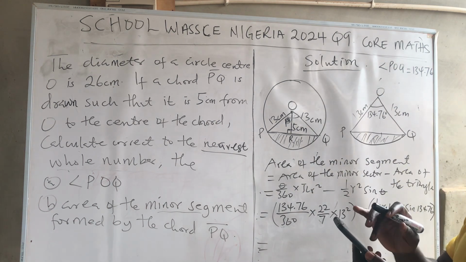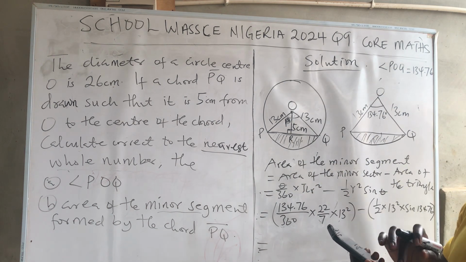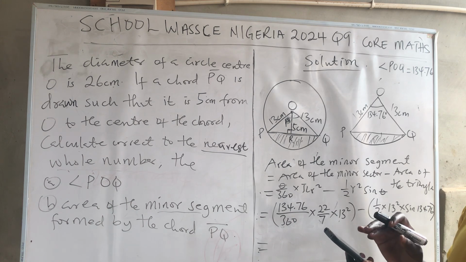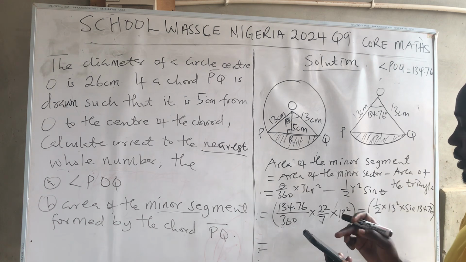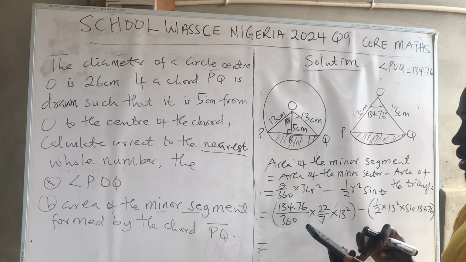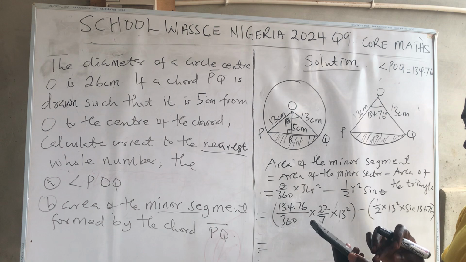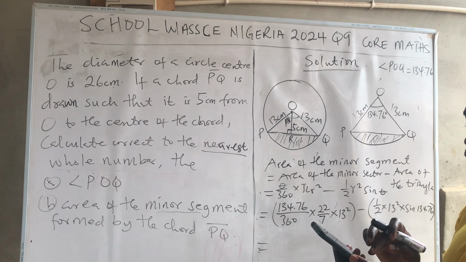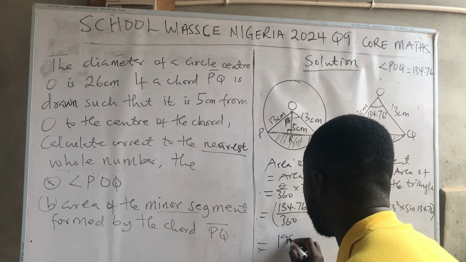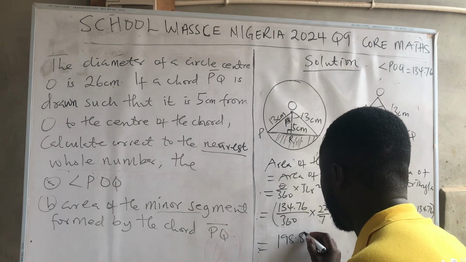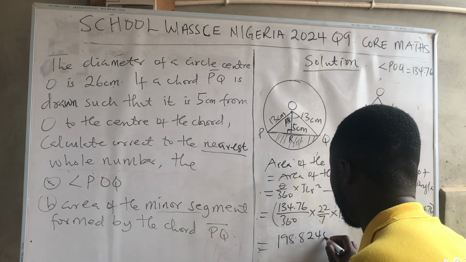Now let's come to our calculator. The area of the sector is 134.76 divided by 360 times pi times 13 squared, and that gives us 198.8245.